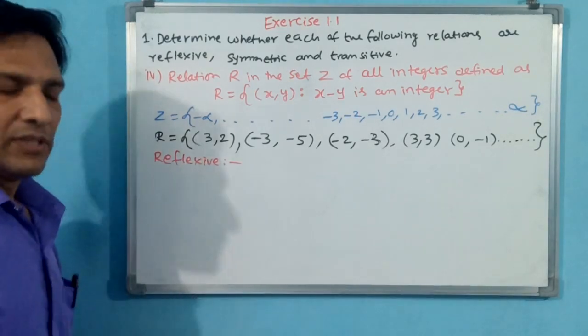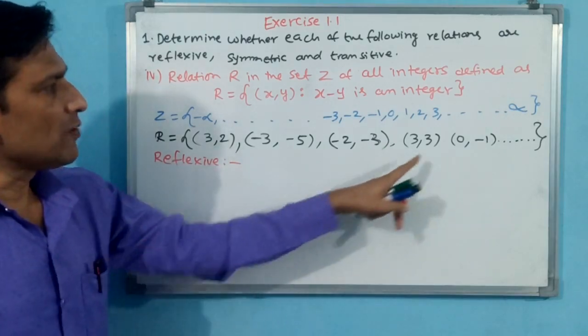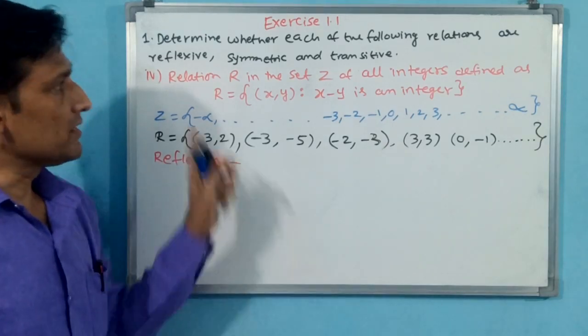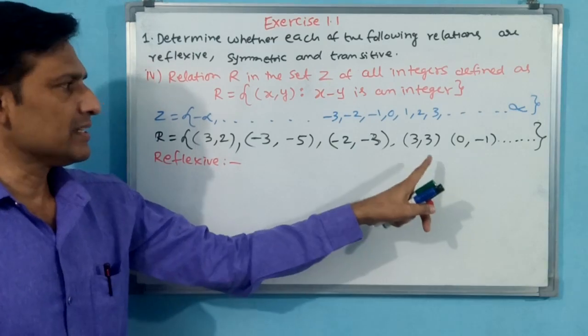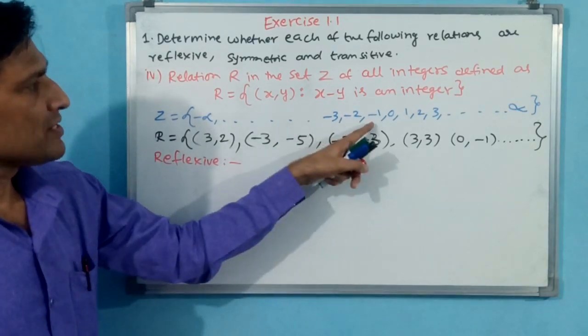For reflexive, 1, 1, 2, 2, 3, 3, 4, 4 should be there. Here we have written only 1, 1, 3, 3. But you can write anything, right? Because if you write 1, 1, then 1 minus 1 is 0, and 0 is an integer, so this is valid.